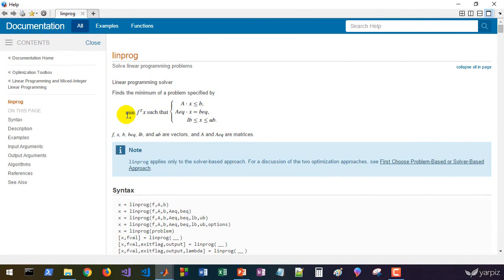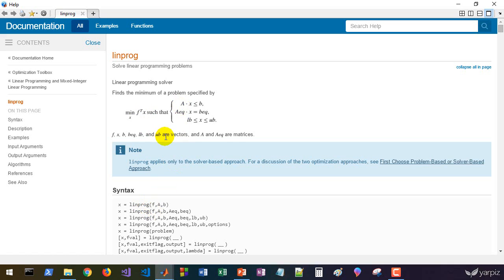This states that we are going to solve this objective function by minimizing that value. So to solve our maximization problem, we should negate the coefficients, multiplying the coefficients vector by -1, because linprog solves only minimization problems.